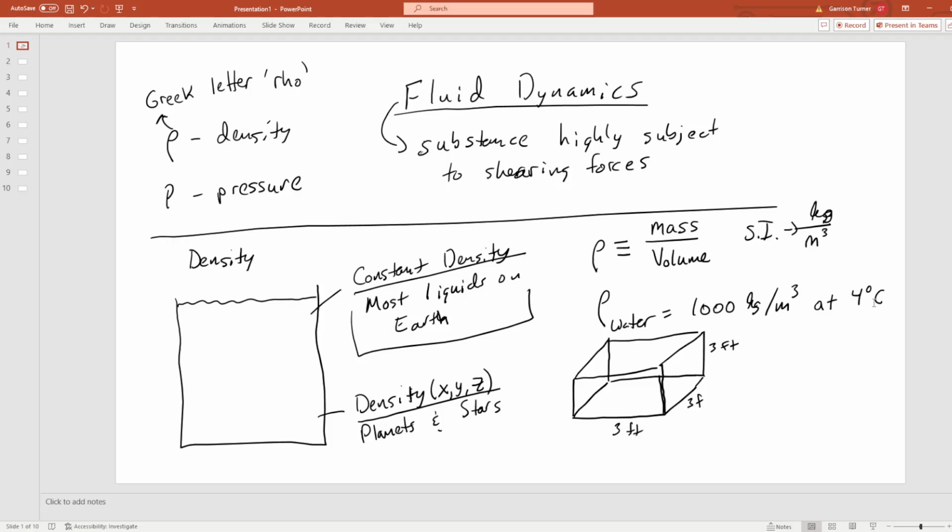It's usually less than 10% over a temperature range of about 100 degrees Celsius, a little bit over 200 Fahrenheit. So even though the density can be temperature dependent, for most of our cases, when we compare to the density of water, we use this standard 1,000 kilograms per cubic meter. As I said, we use this as a benchmark for other densities.